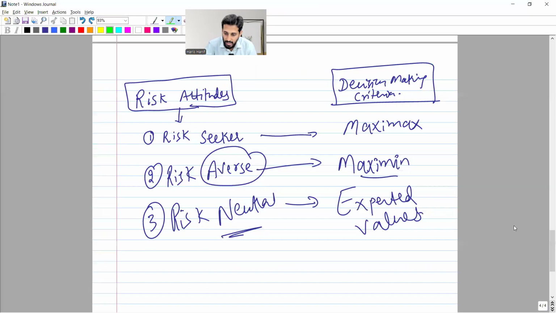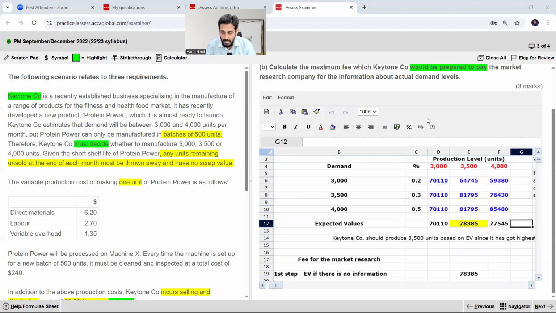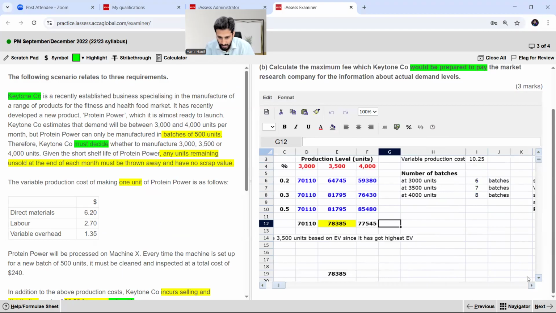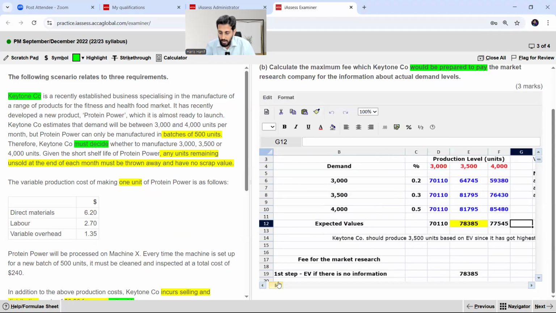So I have covered EV over here. But maximax, what is maximax? If I am the risk seeker, I will go towards the very best outcome. Now see how you identify the best. If the production level is 3000, the best is 70,000. If the production level is 3500, the best is 81,000.